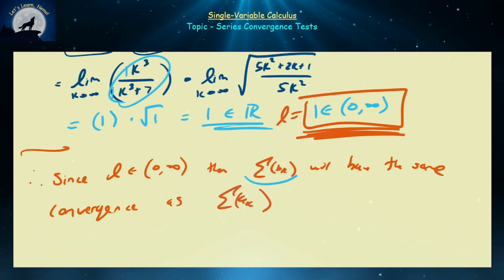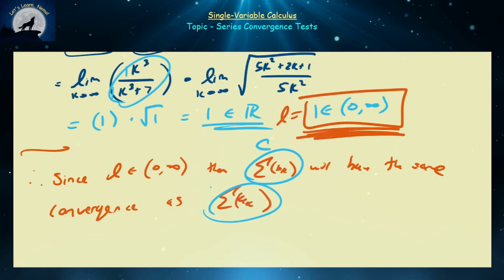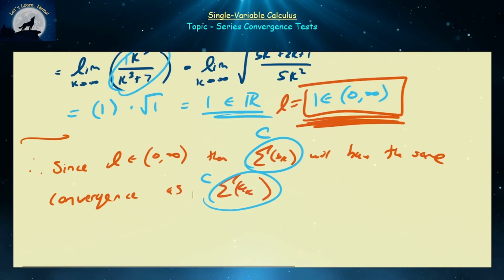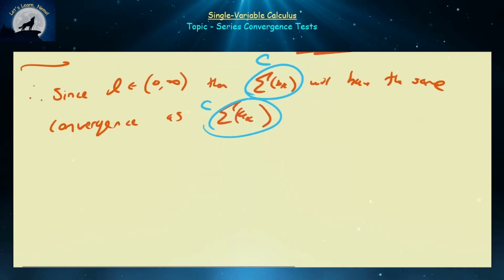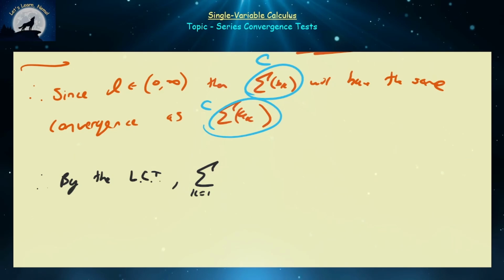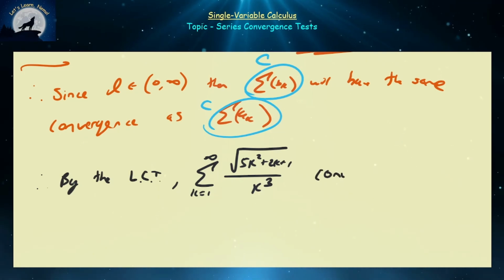And we already know that this series converges, therefore that series will converge as well, right? So therefore, by the limit comparison test, the sum from k equals 1 to infinity of the square root of 5k squared plus 2k plus 1 all over k cubed converges, right? And that's how you use the limit comparison test.